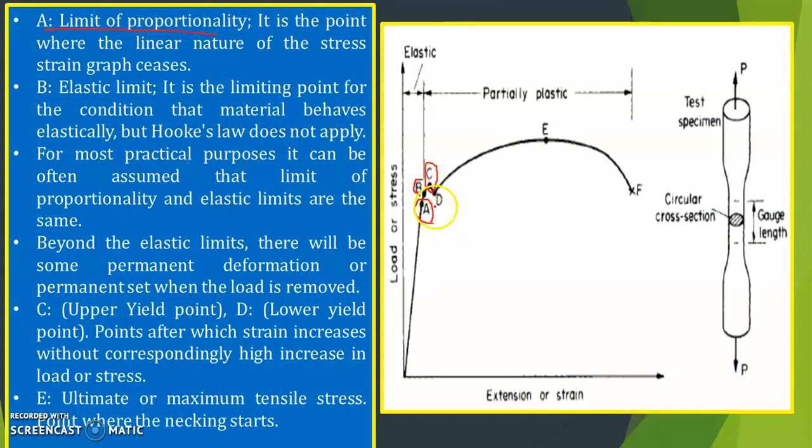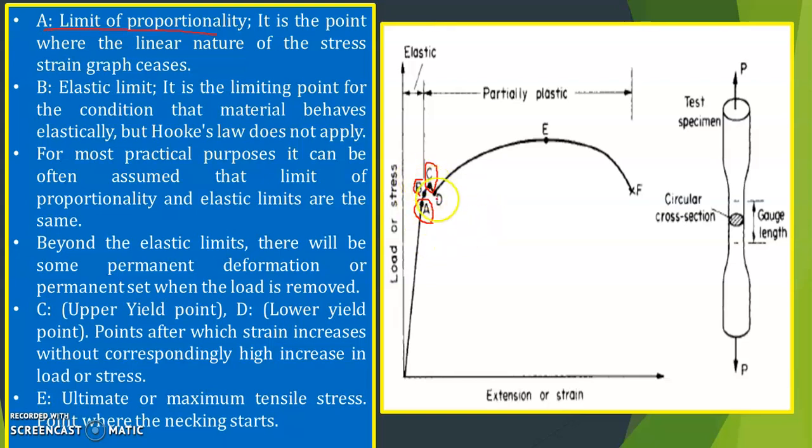These are the points after which strain increases without a correspondingly high increase in load or stress. After this point, what happens? There will be an increase in the strain. Strain means deformation, so the deformation increases.